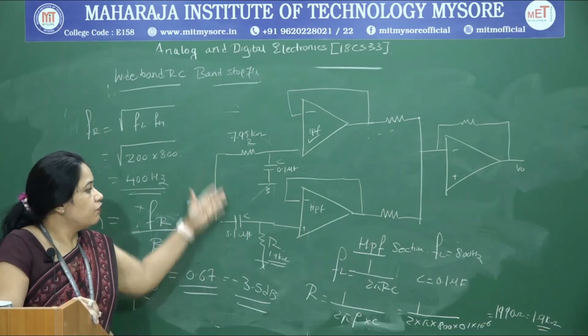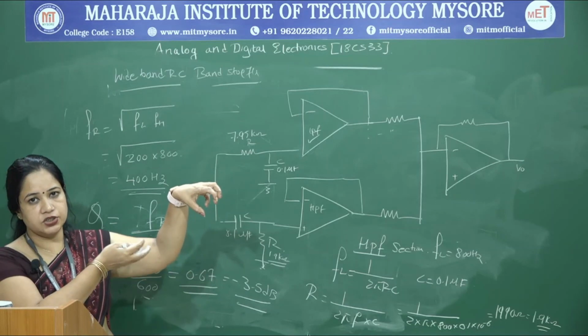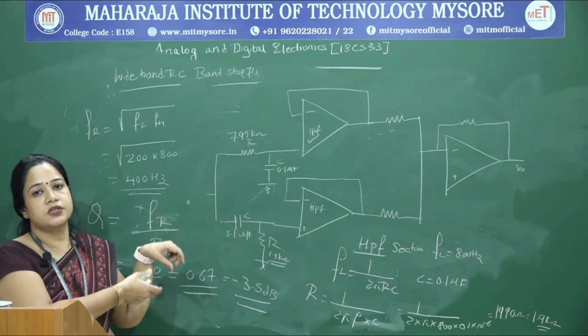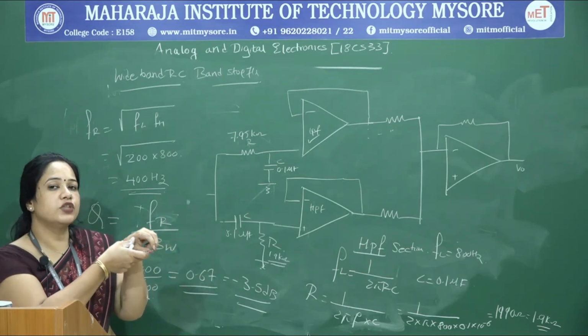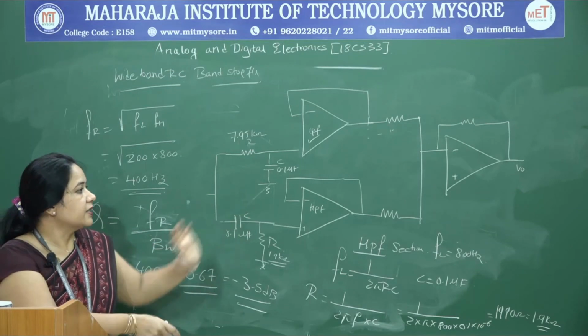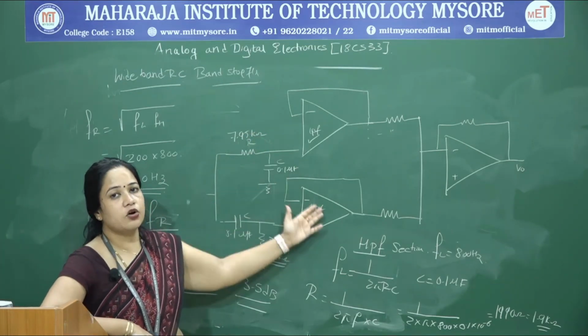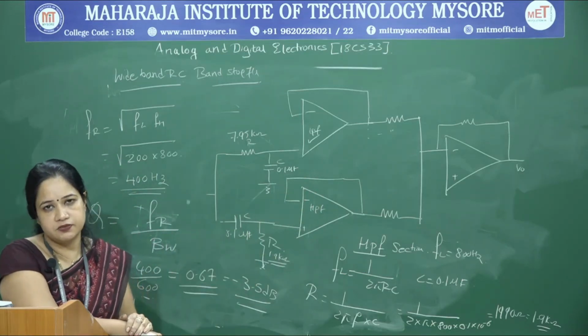Coming to the construction of the wide band stop filter, we bring a low pass filter section designed for the lower cutoff frequency and a high pass filter section designed for the upper cutoff frequency. We sum up the output of these two. So, something like this. Combining the outputs of low pass and high pass filter sections, we get a wide band stop filter.